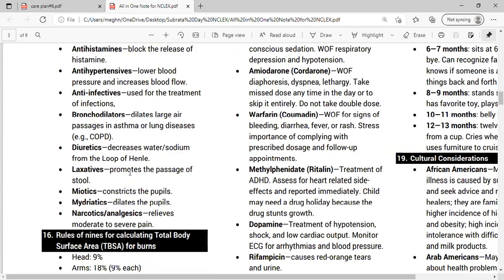Laxatives promote the passage of stool. Miotics constrict the pupil, and mydriatics dilate the pupils. Easy to remember: mydriatics is spelled with D, and dilatation also D. Narcotics or analgesics relieve moderate to severe pain.